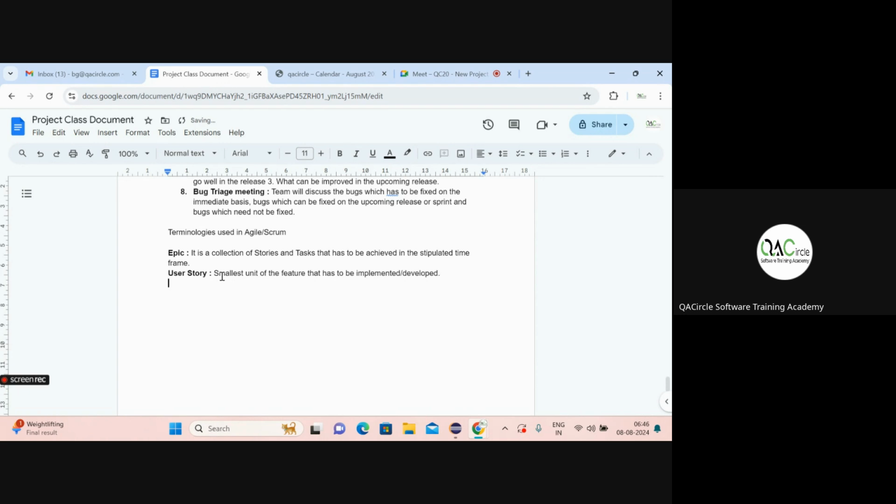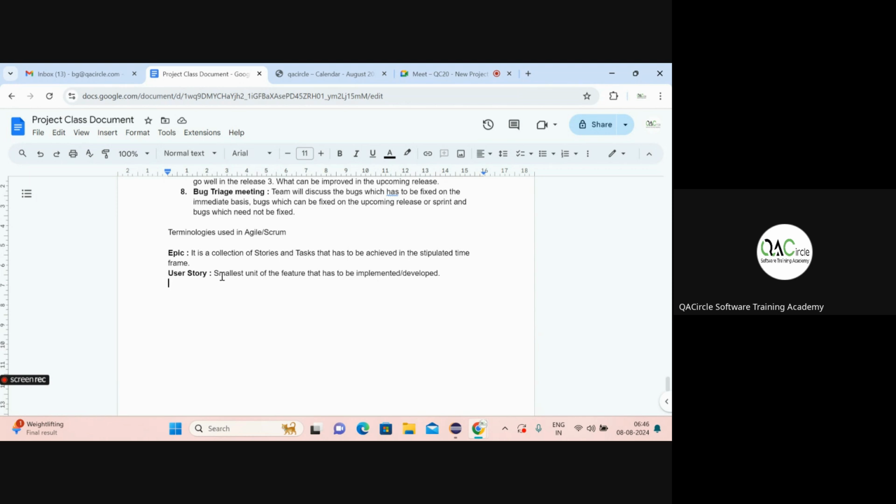Right. So the epic will be broken down into multiple stories, and those stories would be the smallest units of the feature, which will be developed or implemented by the development team. And in the same way, the testing team will also test based on the developed or implemented stories.